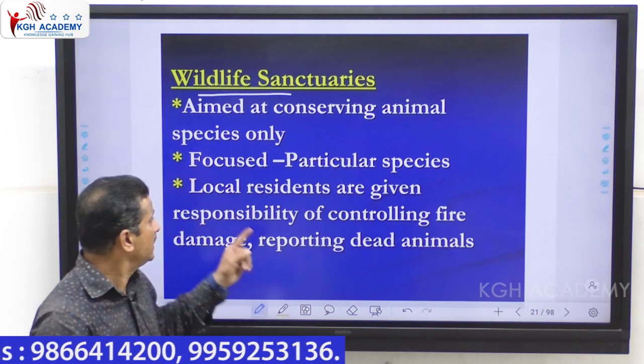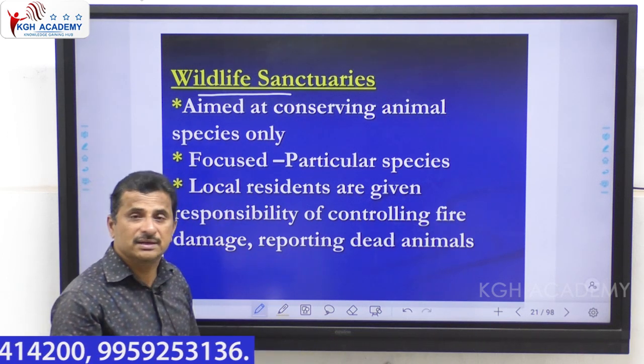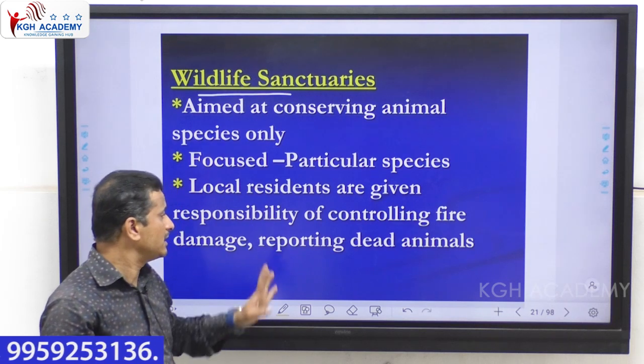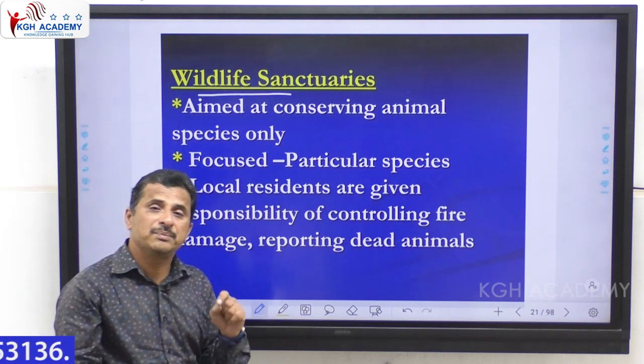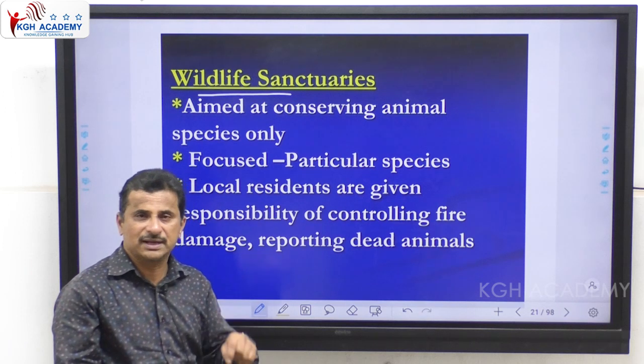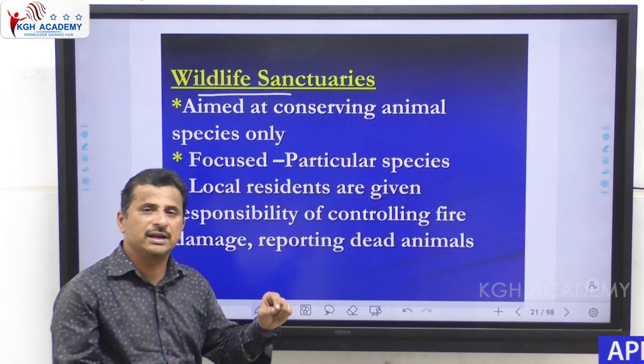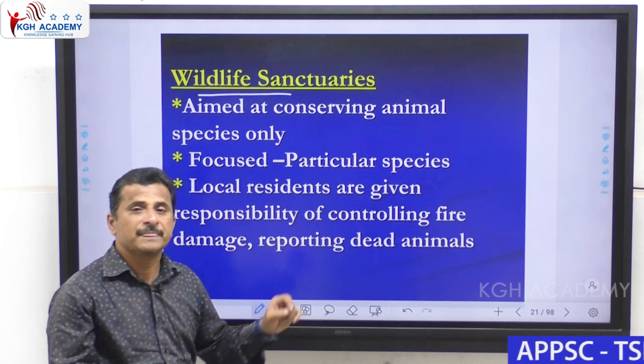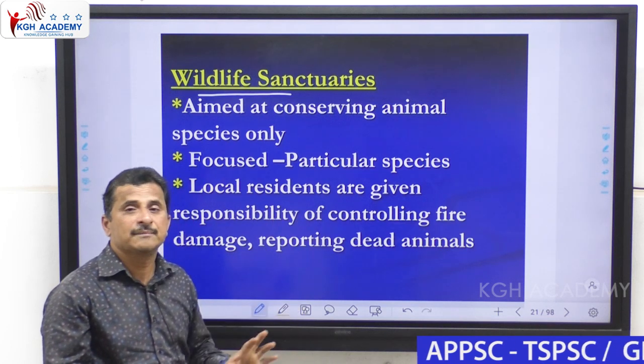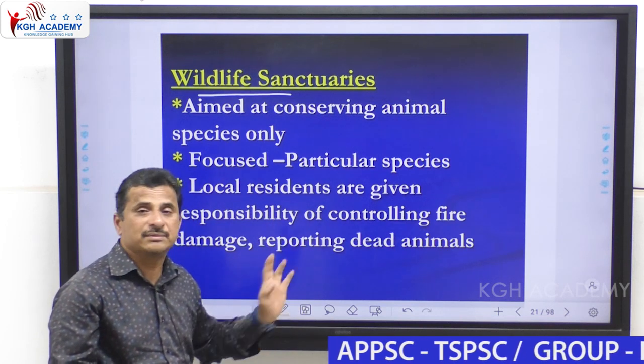Forestry and similar activities are not permitted in national parks or wildlife sanctuaries. But local people, tribals, can enter the wildlife sanctuary to control fire and report dead animals.